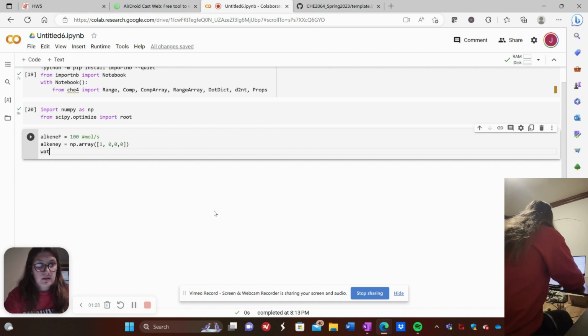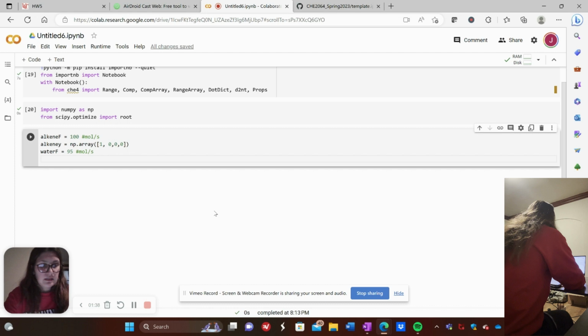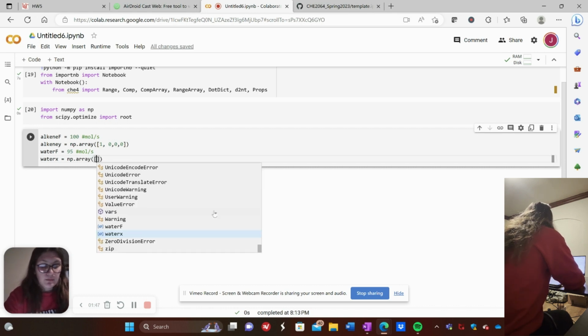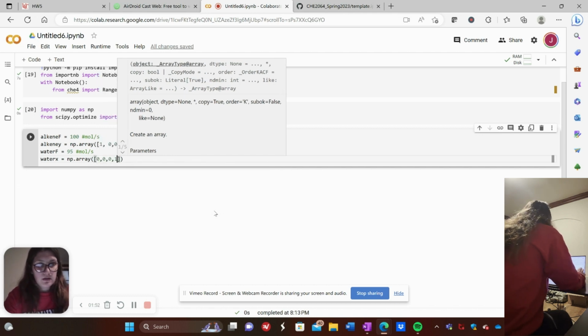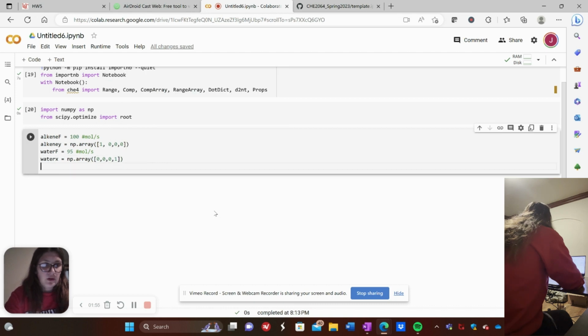We had the water molar flow rate, which was 95 moles per second, and then we had the water composition, so that was np.array. Then we had the opposite, since water comes at the end, and that was the only compound there.